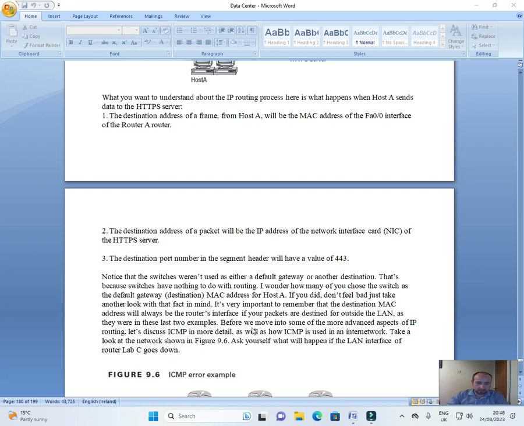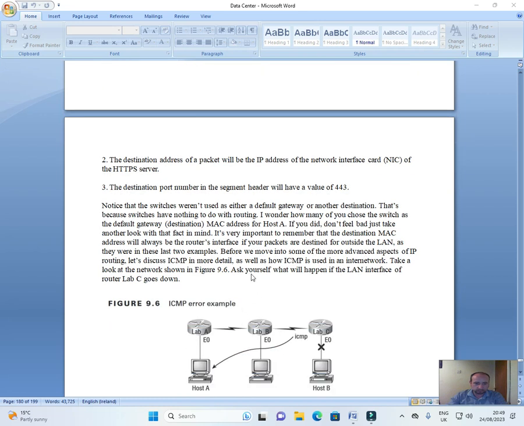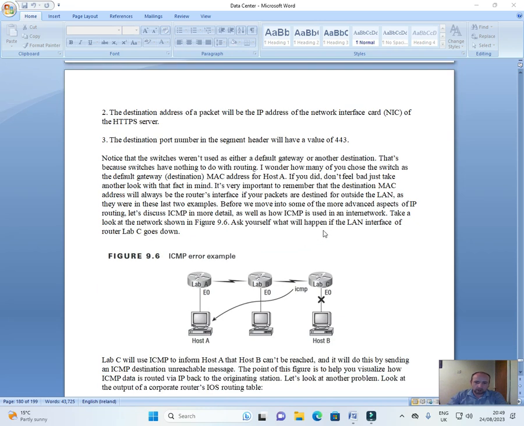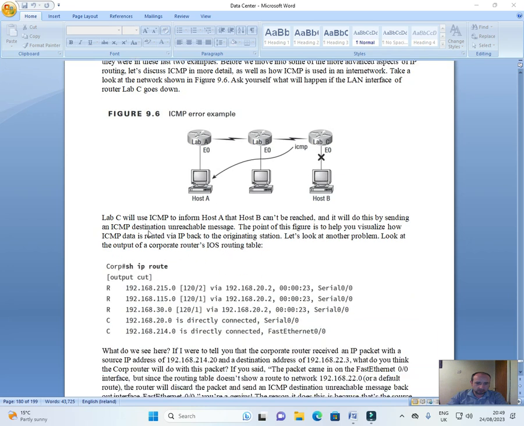Before we move into some of the more advanced aspects of IP routing, let's discuss ICMP in more detail, as well as how ICMP is used in an internetwork. Take a look at the network design shown in figure 9.6. Ask yourself what will happen if the LAN interface of router Lab C goes down.